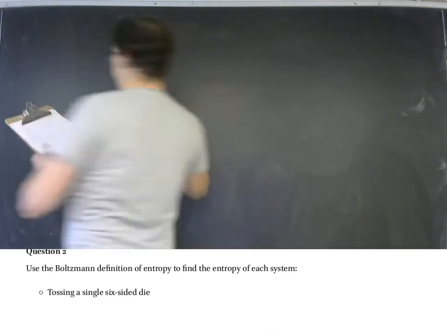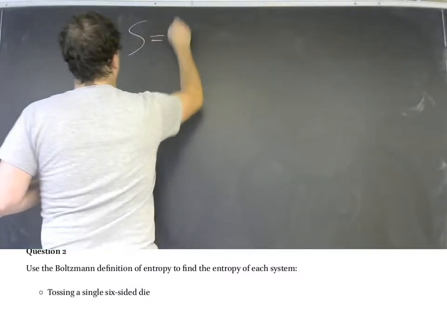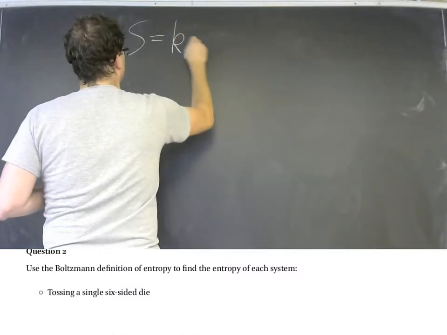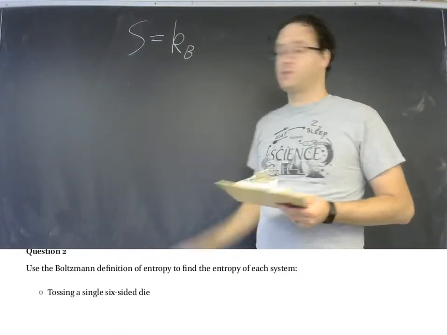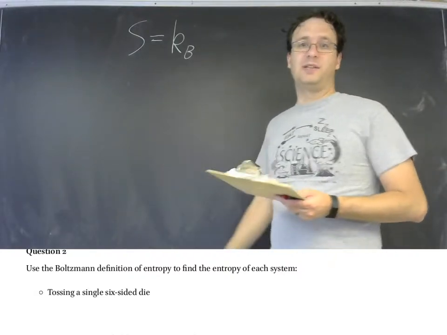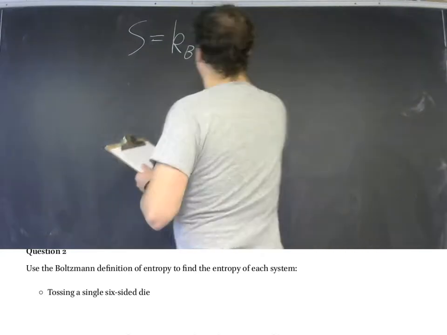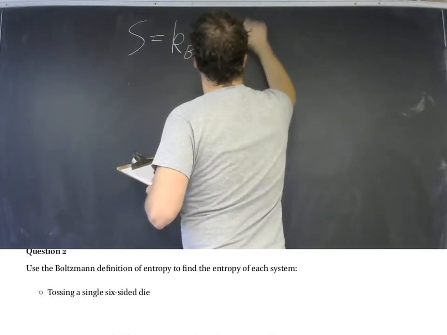So Boltzmann said that entropy is equal to some constant. It's a lowercase k, but since there are so many k's in chemistry, I like to put a b there for Boltzmann, times the natural log of W.